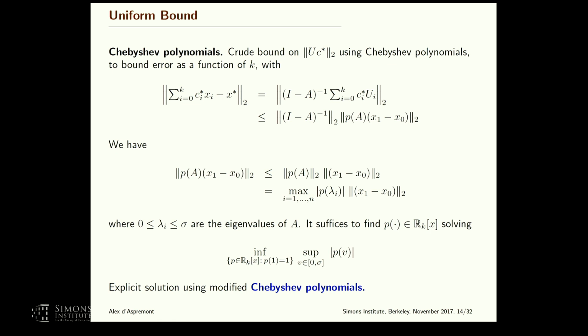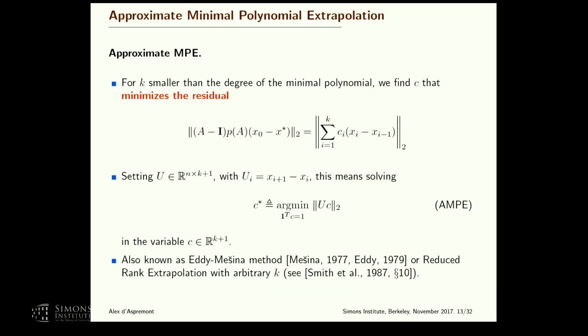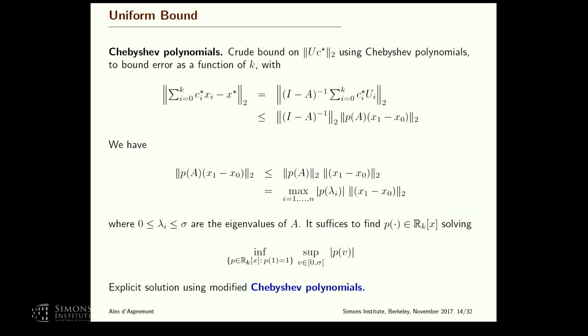So, of course, we can't really quantify how well this will perform, but there is a very good guess that works uniformly well and involves Chebyshev polynomials. And it's a classic argument, and the idea is this here is exactly equal to this, okay? And again, this can be bounded by something that looks like a condition number times some matrix polynomial times x1 minus x0, okay?